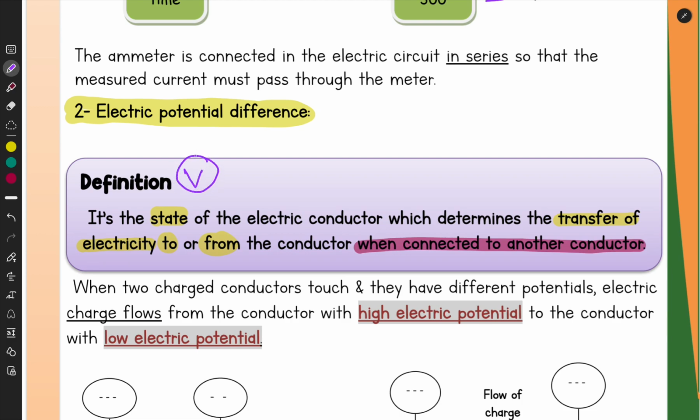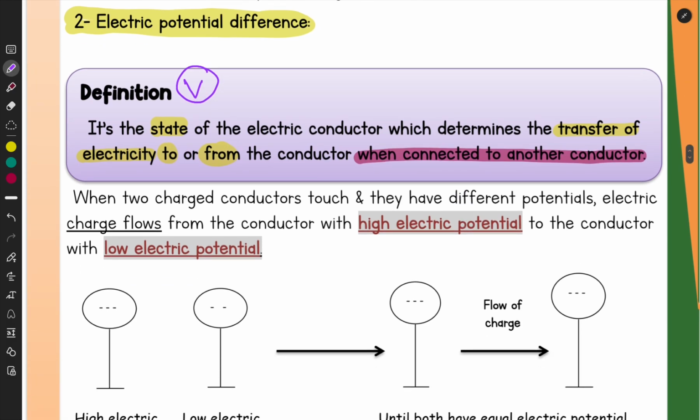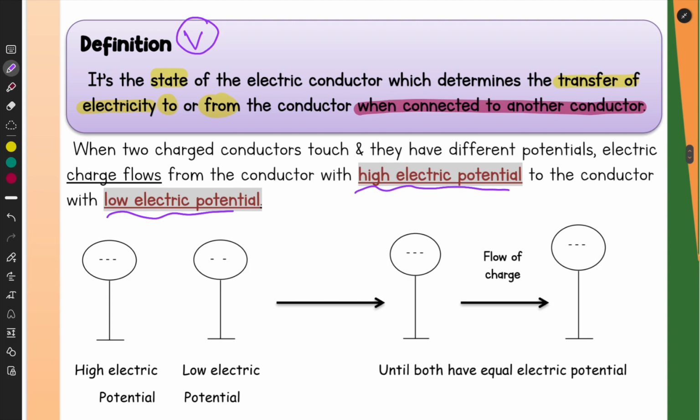It is symbolized by V. When two charged conductors touch and they have different electric potential, charge flows from the conductor with high electric potential to the conductor with low electric potential. So if this one has 15 volt and this one has 30 volt, the electric current will flow from the 15 volt to the 30 volt.